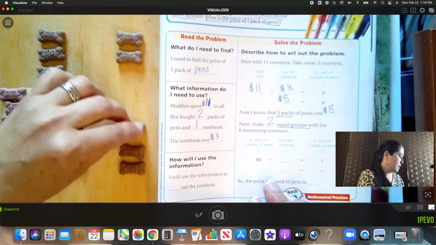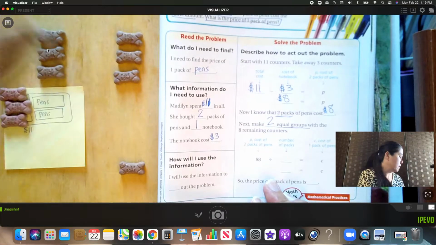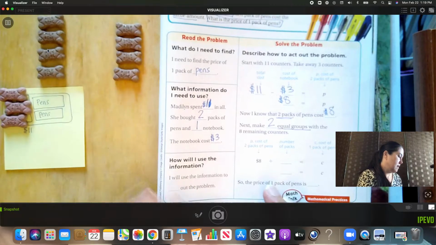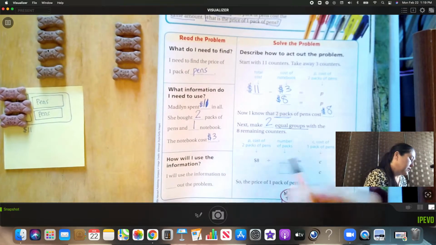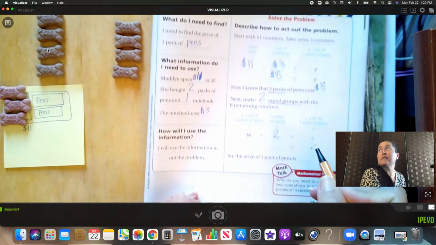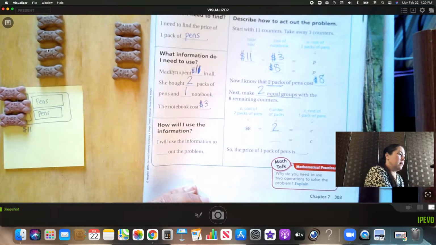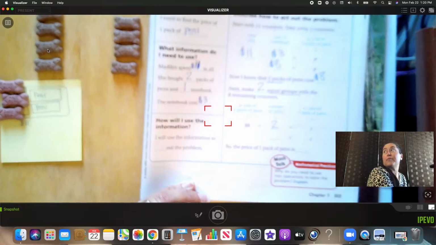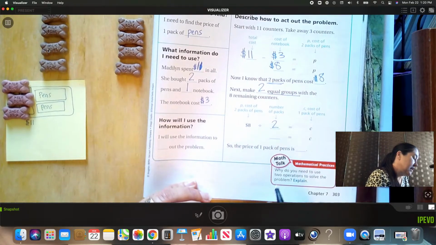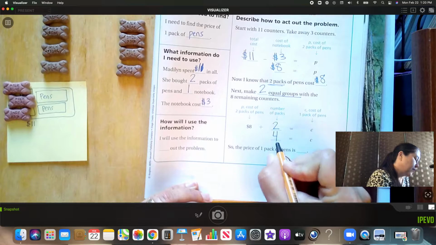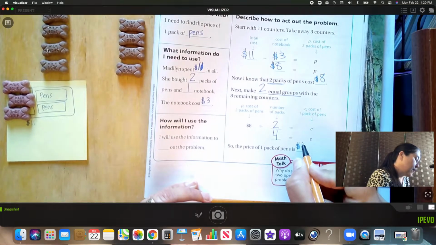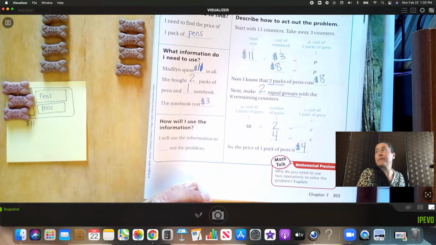All right, so I took my $8, I divided it into 2 packs, and that equals the cost of 1 package of pens. So 8 divided by 2 equals C. I know 8 divided by 2 is 4. So the price of 1 pack of pens is $4.